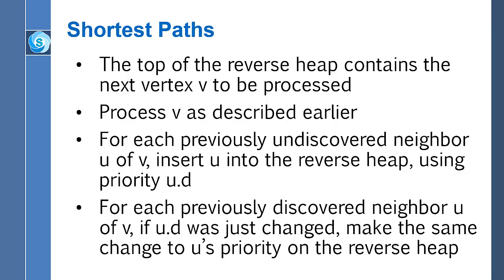It's fairly straightforward to change the priority of some node in a heap, and if you do so, it might entail doing some heapifying up or some heapifying down to restore the heap property. Okay, but anyway, that's what we do with neighbors U that were already previously discovered. We consider the possibility that we might have to change the value of U dot d, and if we do so, then we have to fix things up in the heap a little bit.